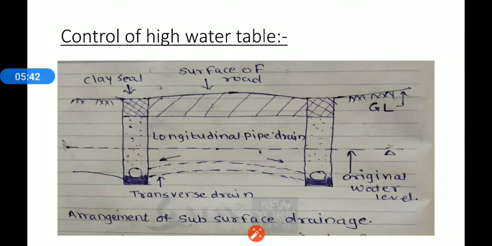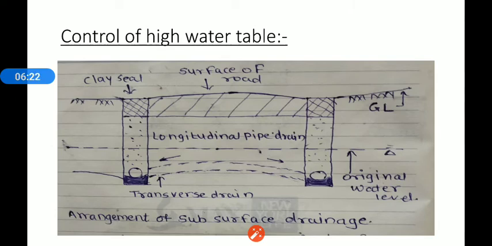The surface of the road and sides of the road have a clay seal. After that, longitudinal drain pipes are provided below the surface of the road, and two drains are provided in the vertical portion, with clay seals also provided there. If the original water table is high, at 1.20 meter below the road surface, the longitudinal pipes are arranged in this system so that the underground water is sufficiently drained off.